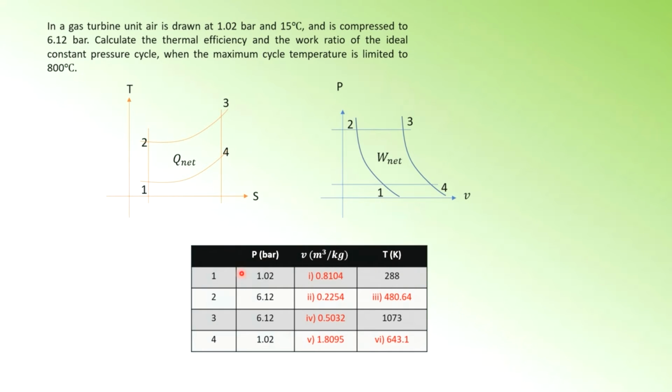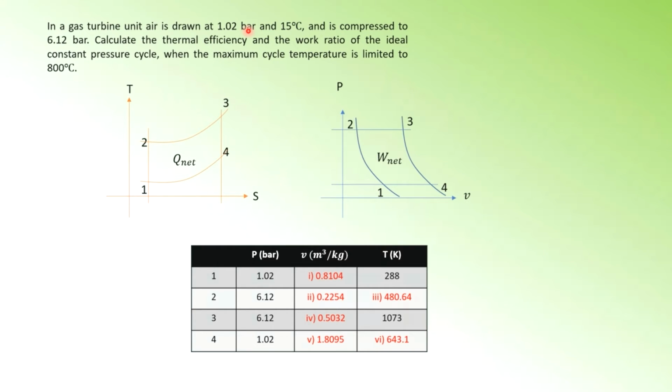By using the ideal gas law, either PV equals RT or PV equals mRT. You can use PV equals RT when the question does not give you any mass or does not ask you to find any mass. If the question has given you a mass or asks you to find a mass, then your volume should be in meter cube.